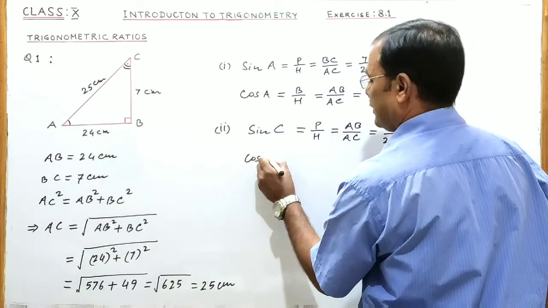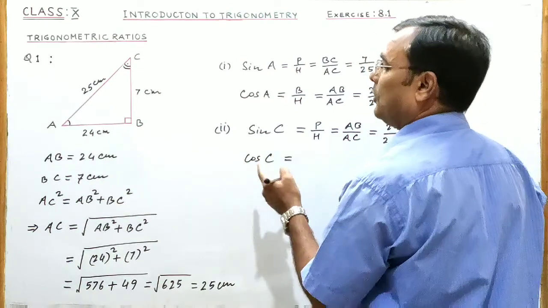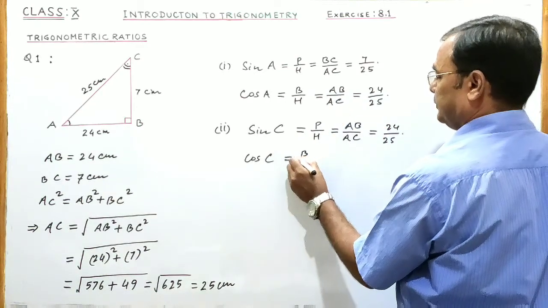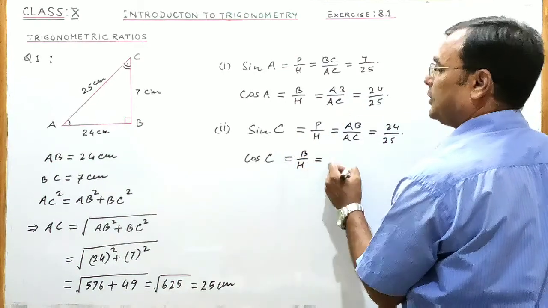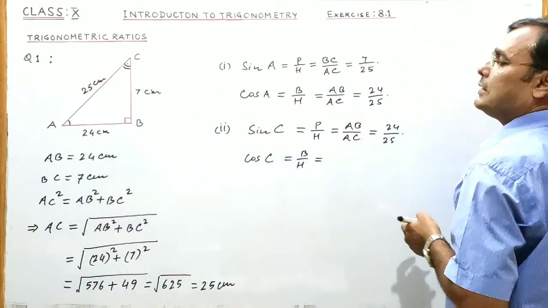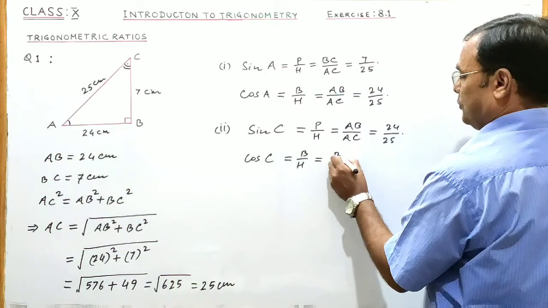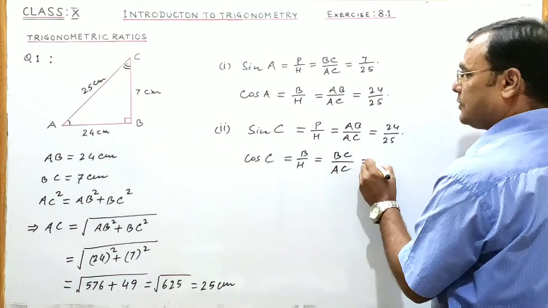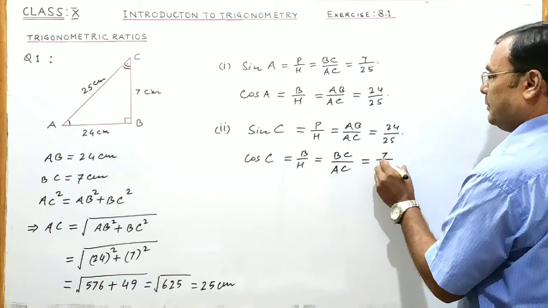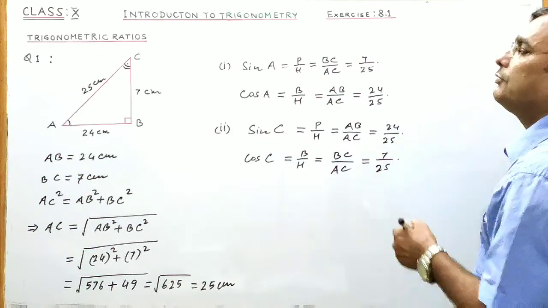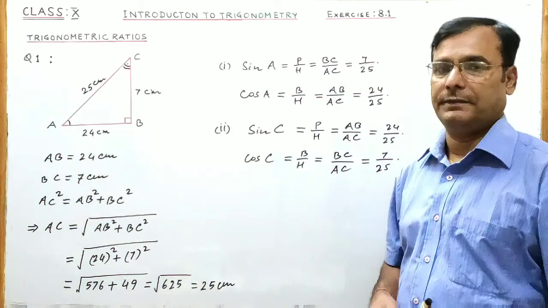Cos of angle C, cos is defined base by hypotenuse. Base for acute angle C is BC, so BC by hypotenuse AC is equal to 7 by 25, and this way this question is done.